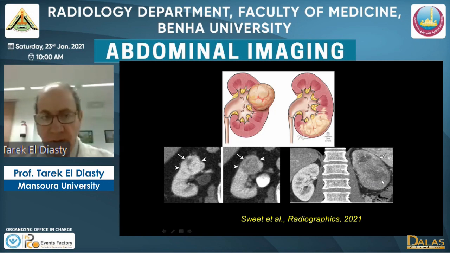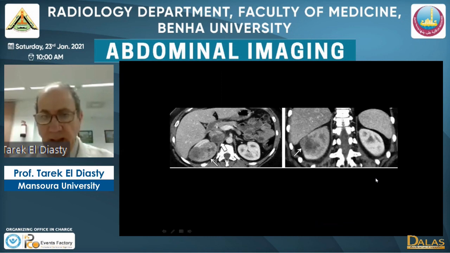Here there is usually expansion, particularly in exophytic lesions. So these are most of renal cell carcinoma, but some renal cell carcinoma can show this infiltrative pattern. An example of the infiltrative pattern here is coronal and axial post-contrast CT images.